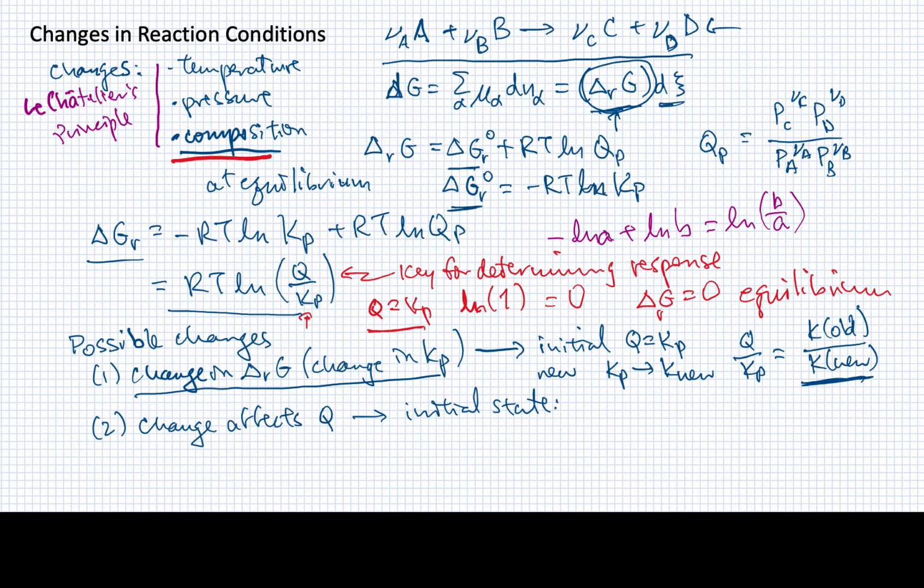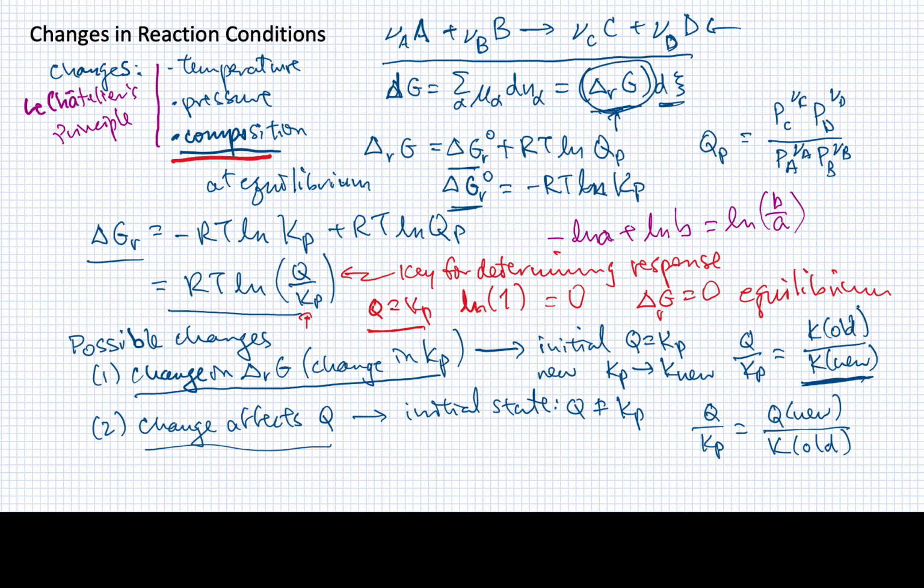Now what I've done is I've altered Q, so Q does not equal Kp. And in this particular case, my ratio of Q to Kp is effectively going to be Q new, the new Q that I've created from that change, divided by the same K, which was my old equilibrium constant.